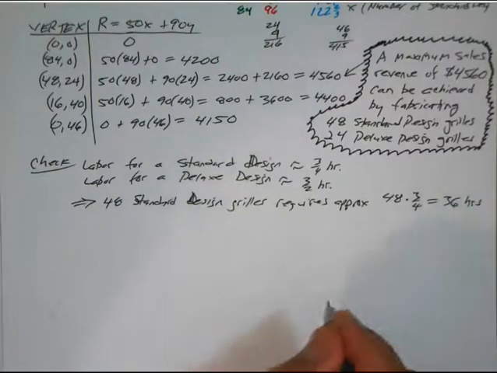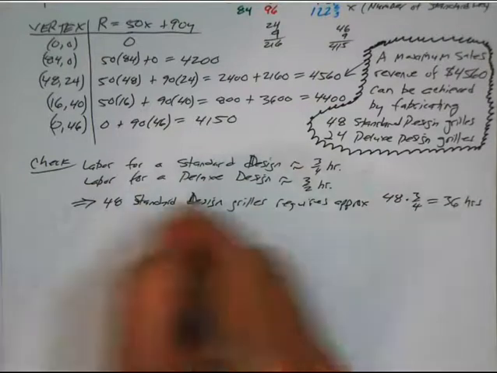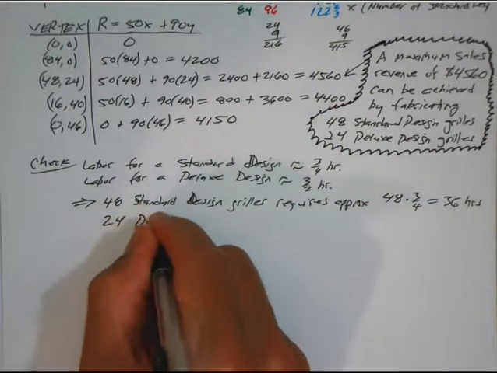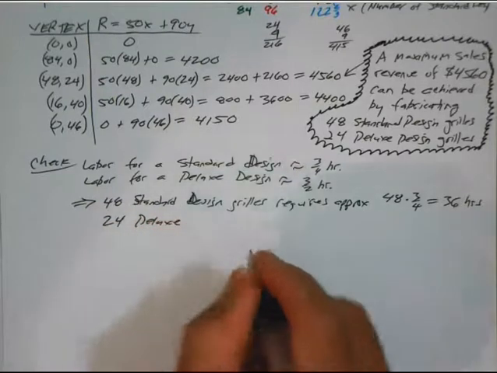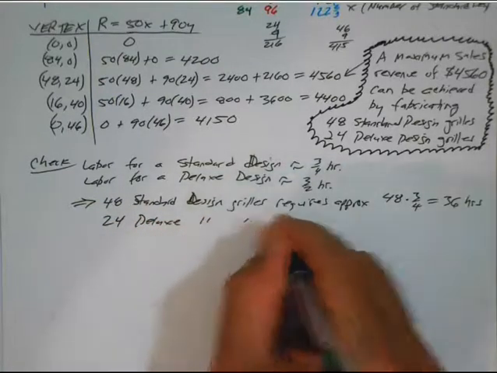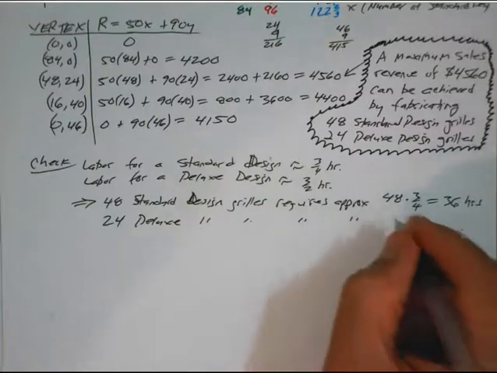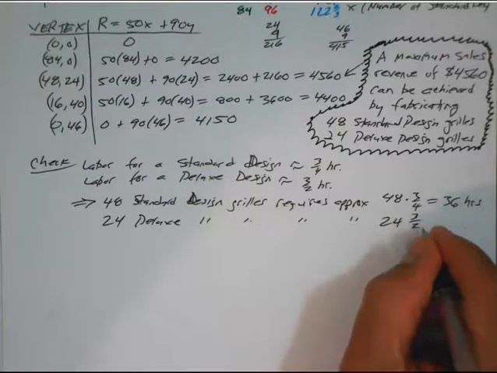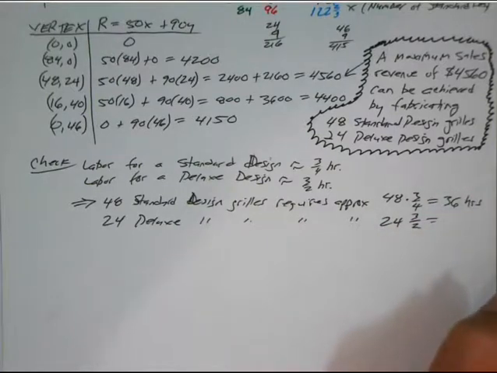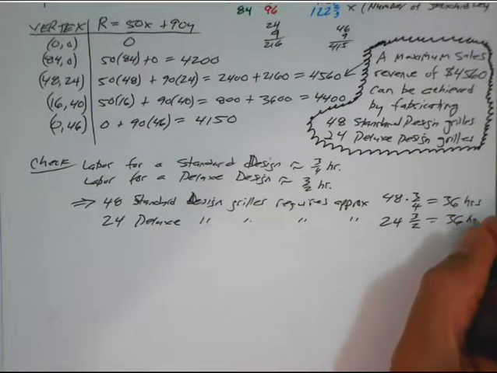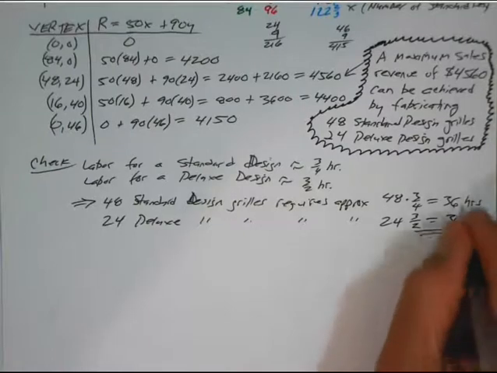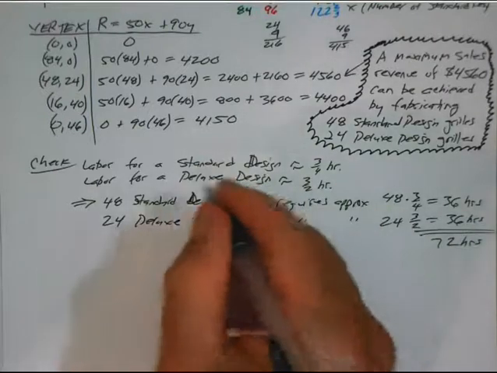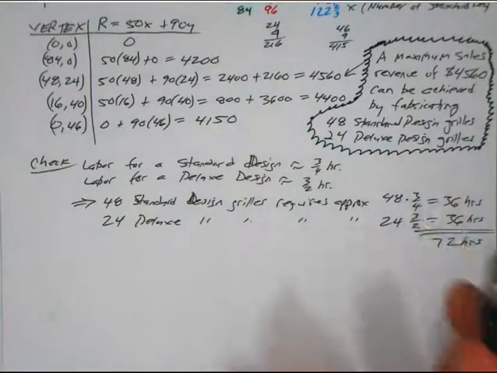This 24 deluxe design grills idea, what about that? 24 deluxe design grills requires approximately, 24 of them, 3/2 of an hour a piece. That would be 36. So 72 hours. So we're claiming some plan that overall is looking at around 72 hours of labor.